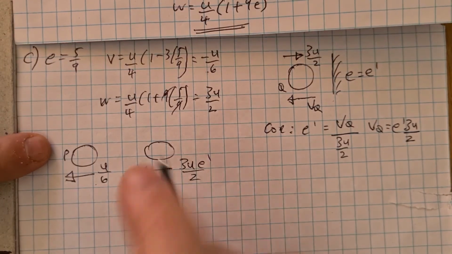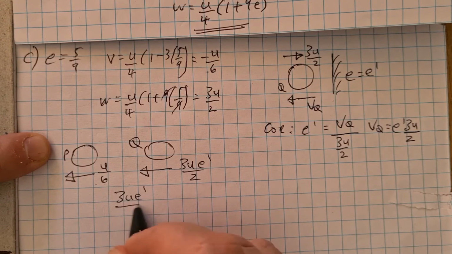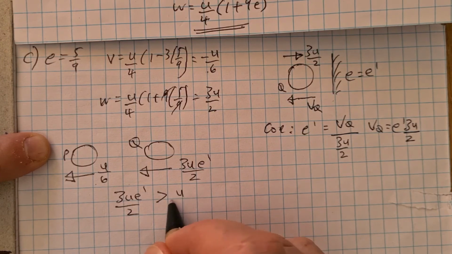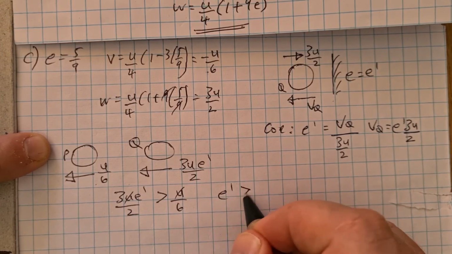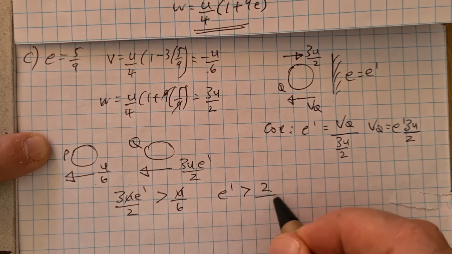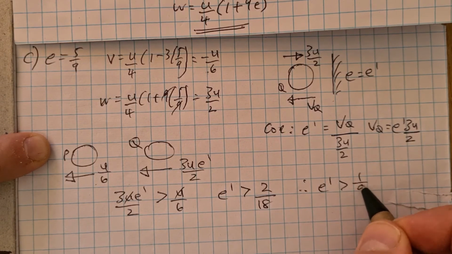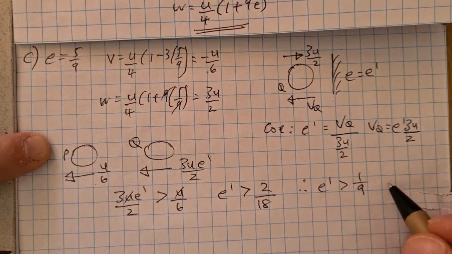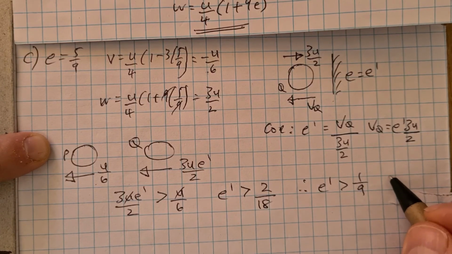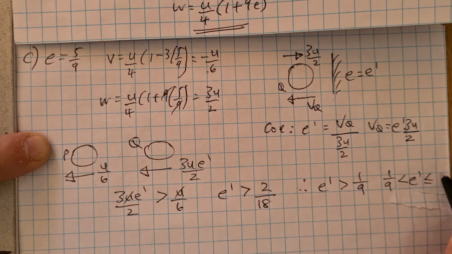So for there to be a further collision between P and Q, 3u e dash over 2 must be greater than u over 6. We can divide by u, giving us that e dash must be greater than 2 over 18. Therefore, it must be greater than 1/9. And just to clarify, our values for e dash could be anywhere between 1/9 and 1.